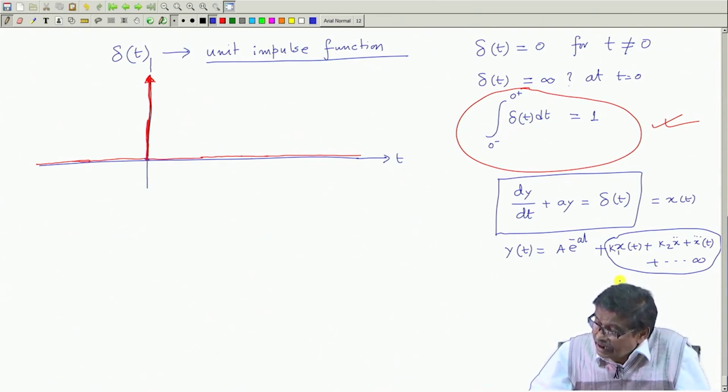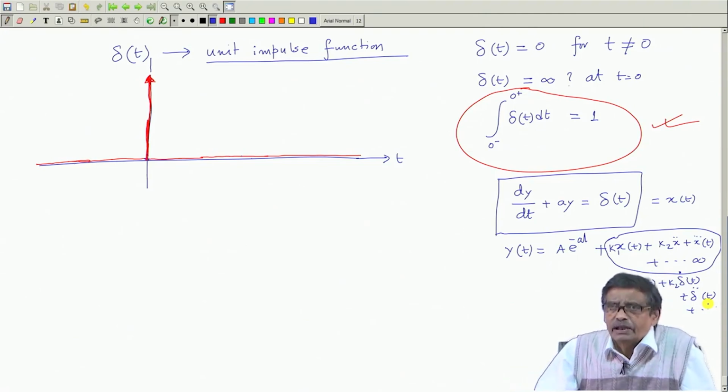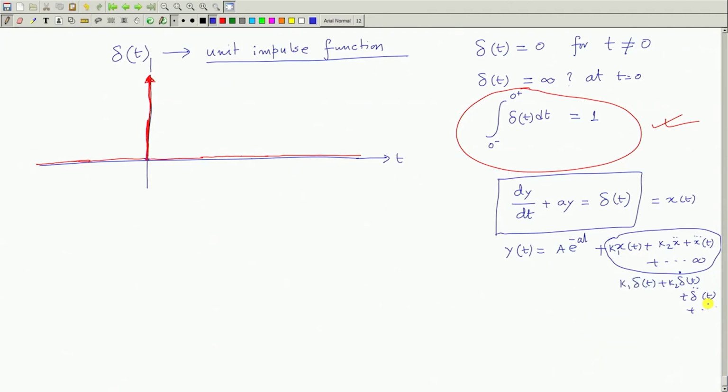In this case I should not write that the solution will be delta t plus k delta dot plus delta double dot. No, it will not be like that, because delta dot t, what does it mean? If time permits I will explain, but there is no such delta dot t; if such a thing exists, it will be difficult.